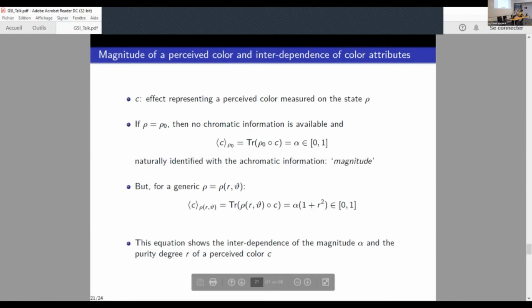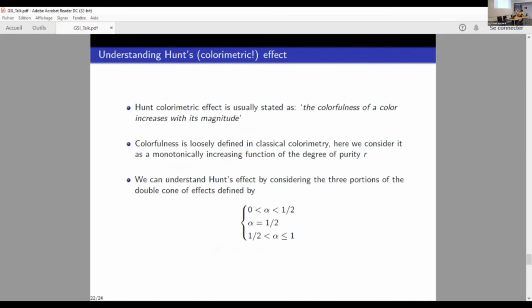So we call it purity degree. And so through this very simple formula, we can see that the magnitude, the intensity of a color and its purity are not separate colorimetric attributes, but they are fused together. And this allows us to study the Hunt effect.